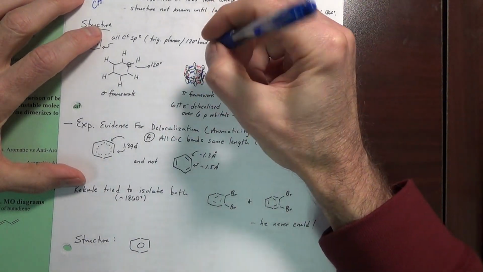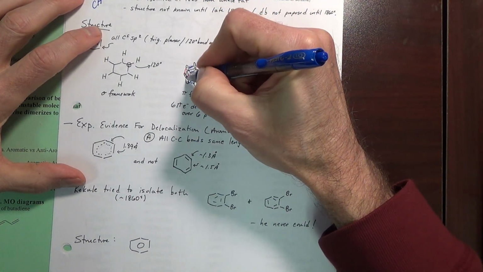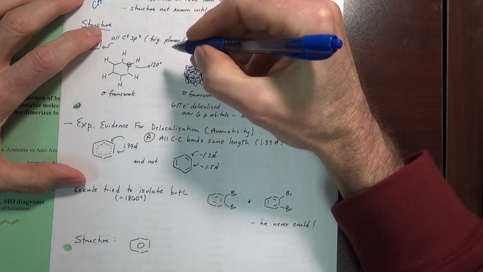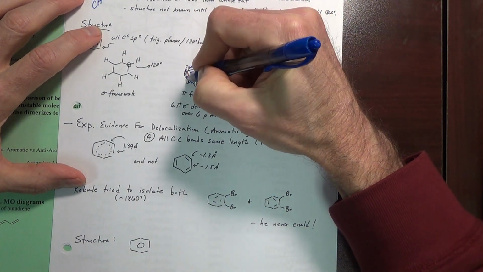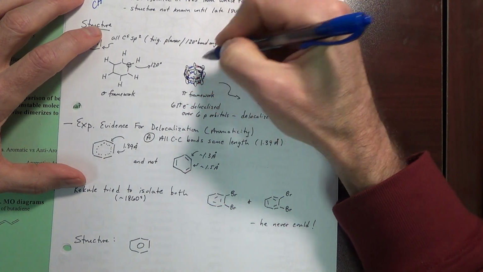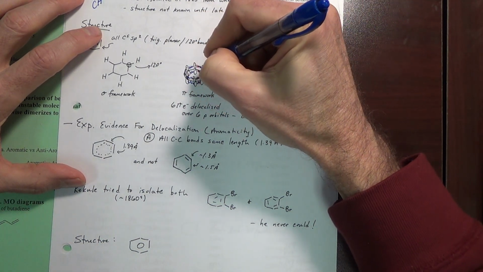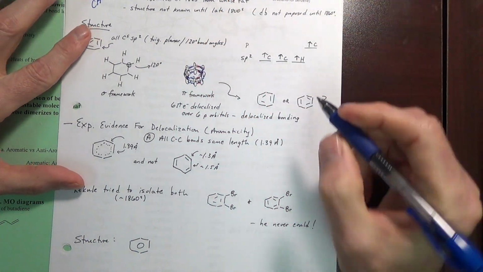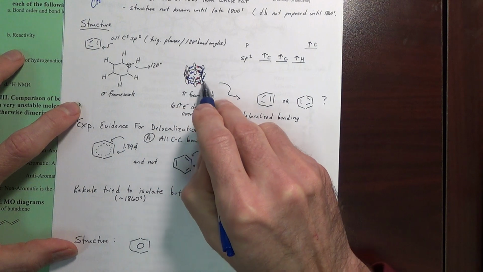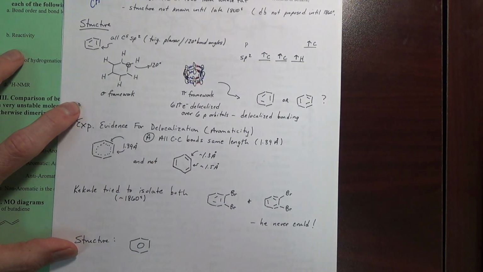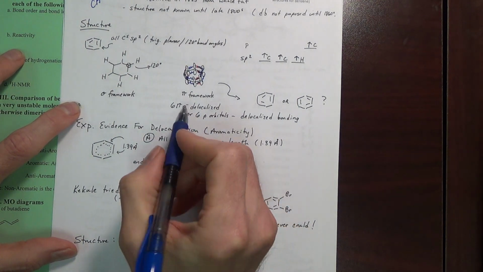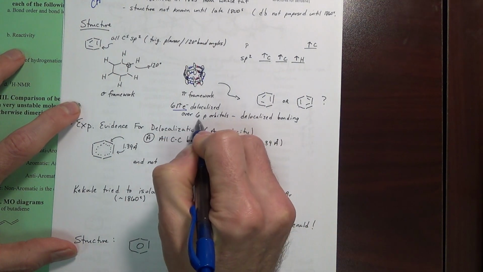What's going on here is these 6 p orbitals are all interacting with each other. I'm just going to make it all blue. They're interacting all the way around. And so you have 6 p orbitals interacting in a cyclic manner. We also have 6 pi electrons there.